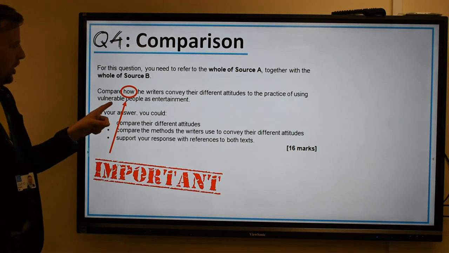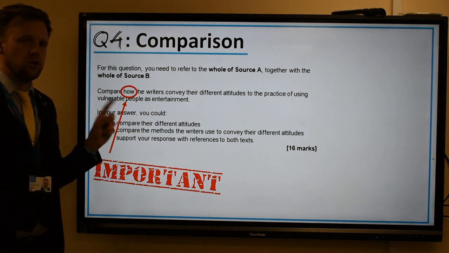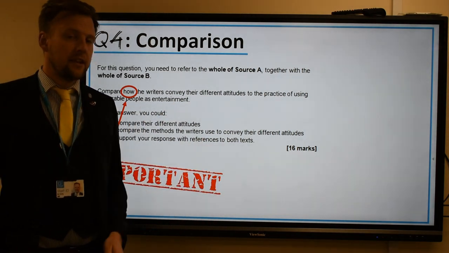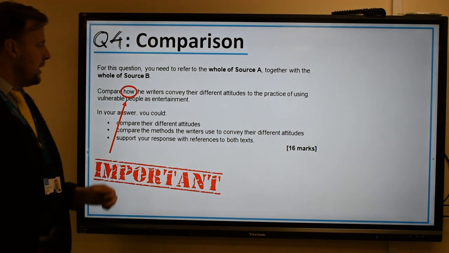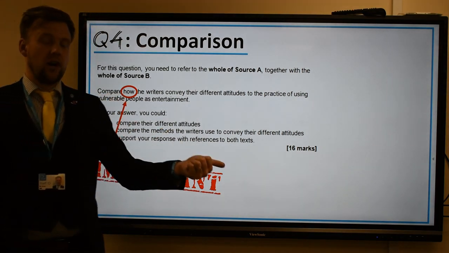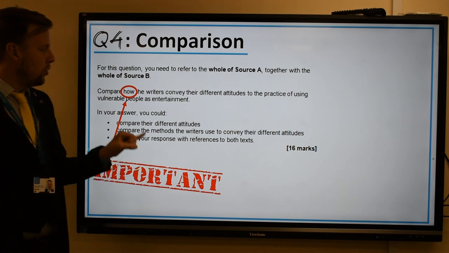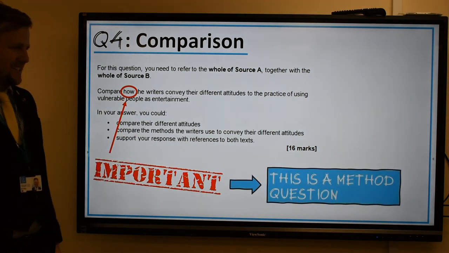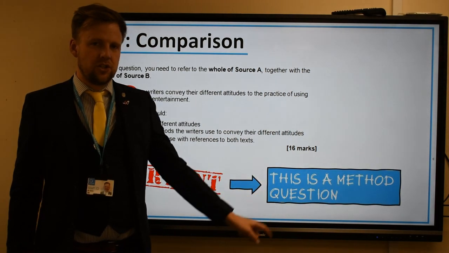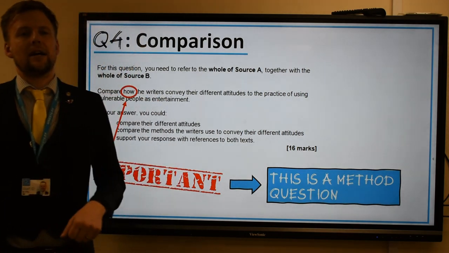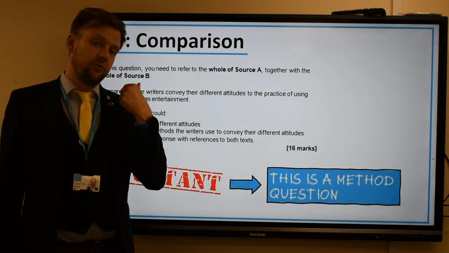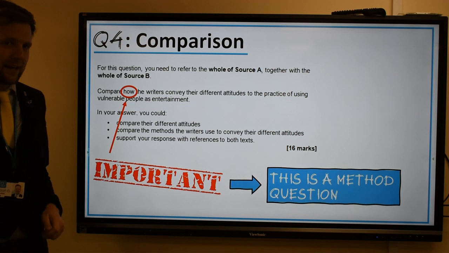This is a question of how the writers use methods to present their viewpoints. Okay? We get very few marks for saying this writer thinks this, this writer thinks this. All the marks are for the method analysis. Okay? This is a method question, the same as question 3, the same as question 2, and question 3, and question 4 in paper 1. This is exactly the same.